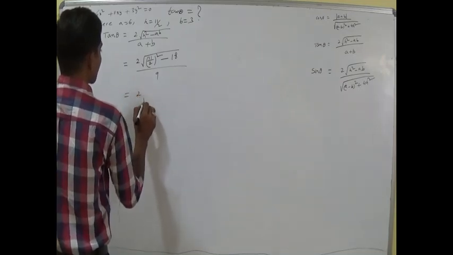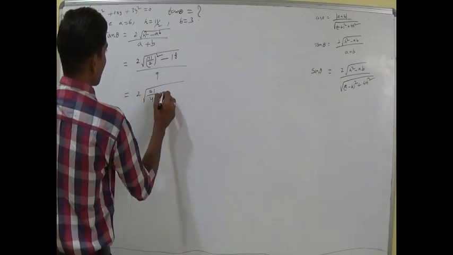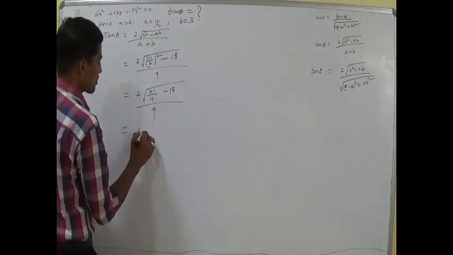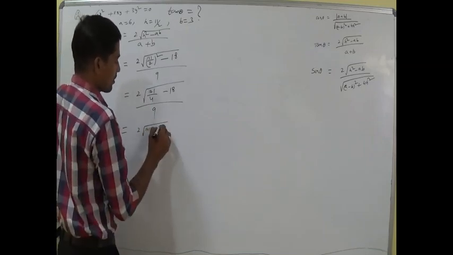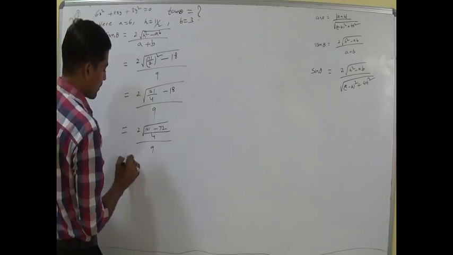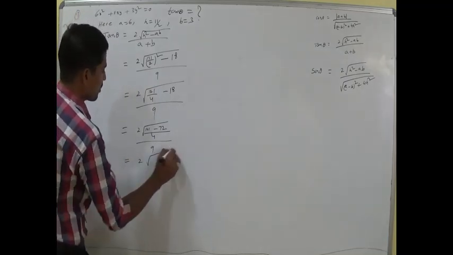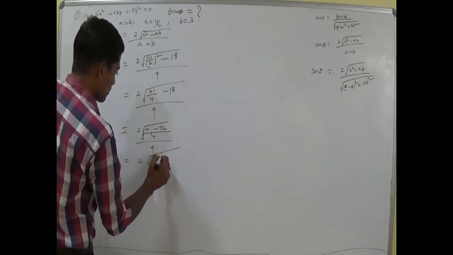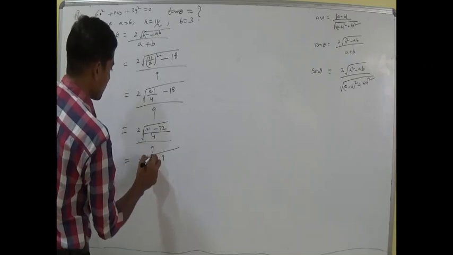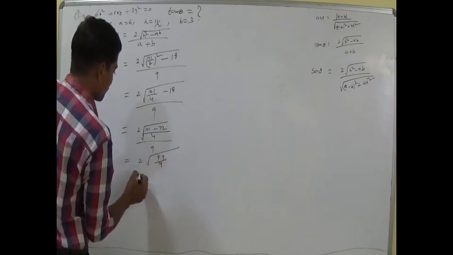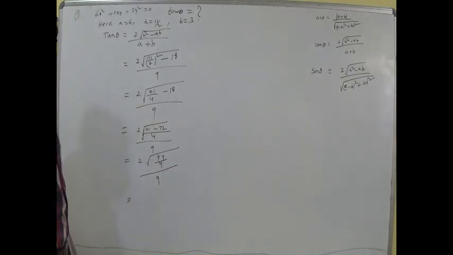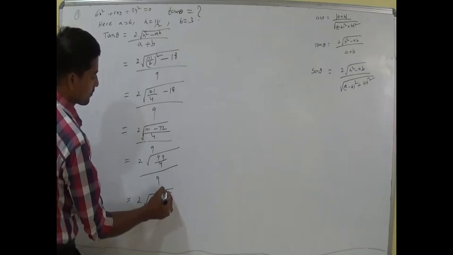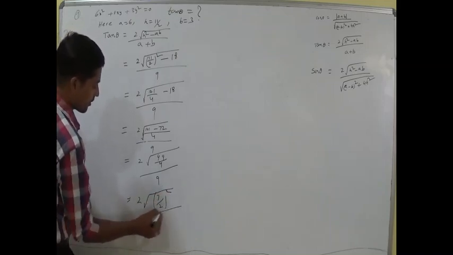So 2 square root of 121 by 4 minus 18 by 9, which is equal to 2 square root of (121 minus 72) by 4 by 9, which is 2 square root of 49 by 4 by 9, which is 2 square root of (7 by 2) whole square by 9.